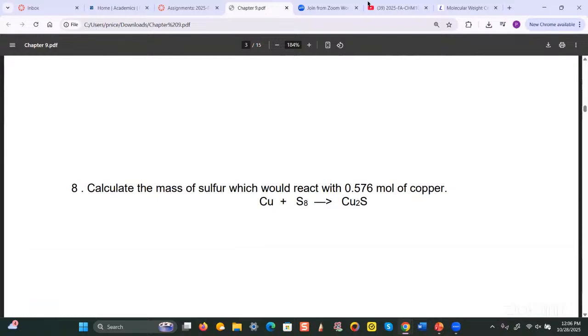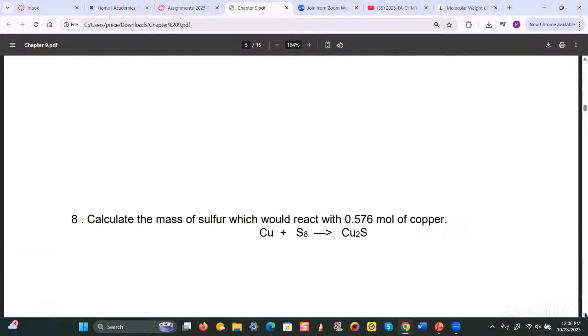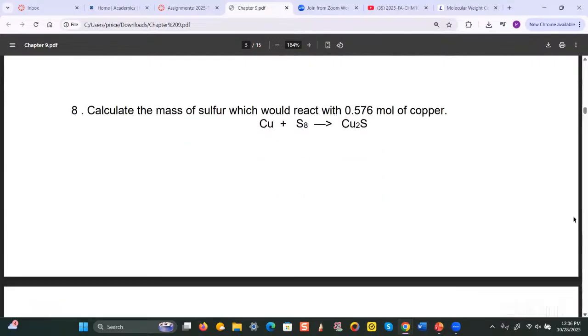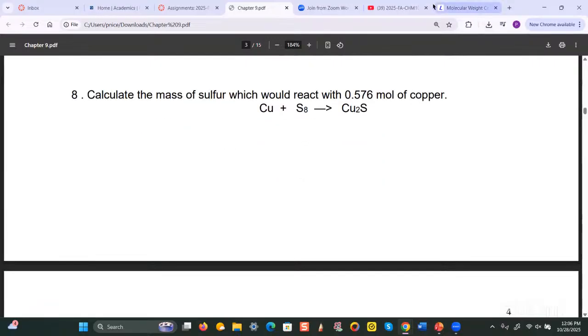So the way I would approach this problem is I would start off with the 0.576 moles of copper. And then I would look at the mole ratio between the sulfur and the copper. That would be 1 to 1.